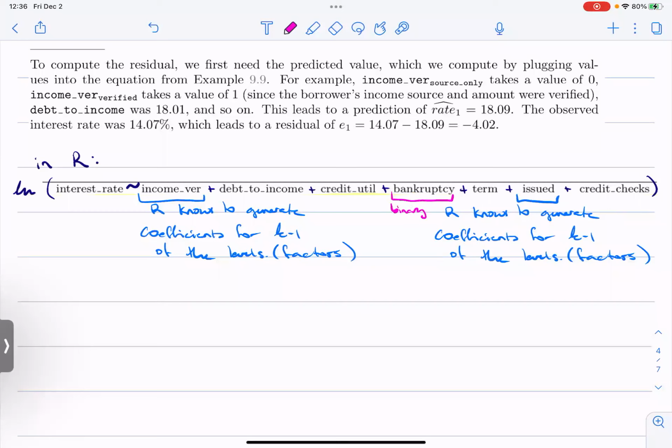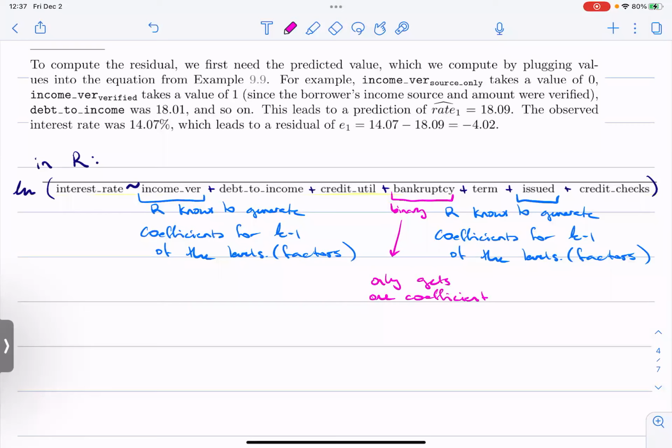And so it'll just have its own built-in 0-1 switch, right? So it only gets one coefficient. The idea is the same. I have 2 categories, so I do 2 minus 1 coefficients for it, so it only gets 1 coefficient.